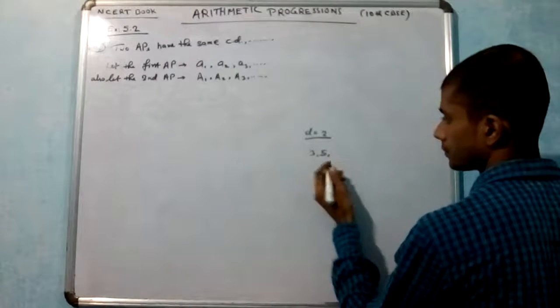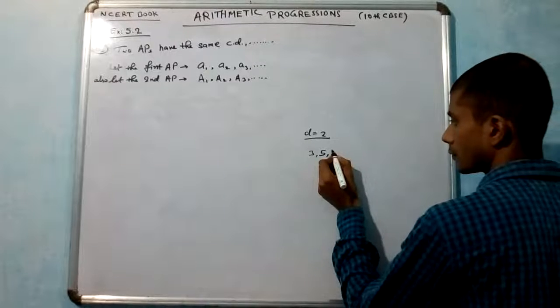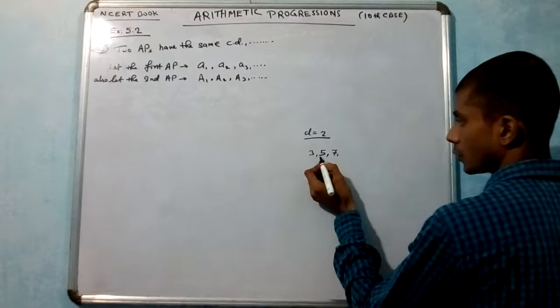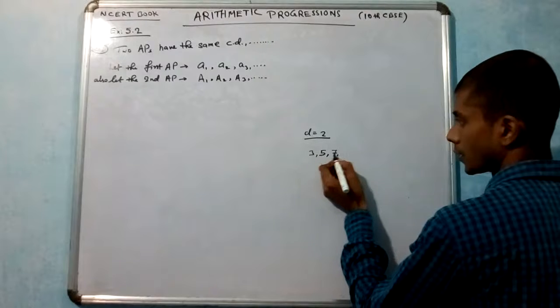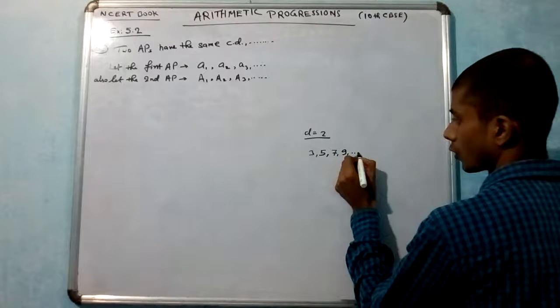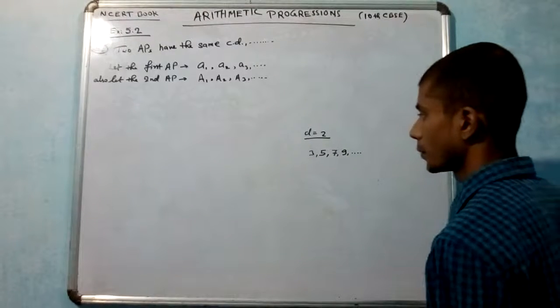Why so late a reply? Okay, first term 3, then 5, then 7, then 9, and so on. So this is one AP.